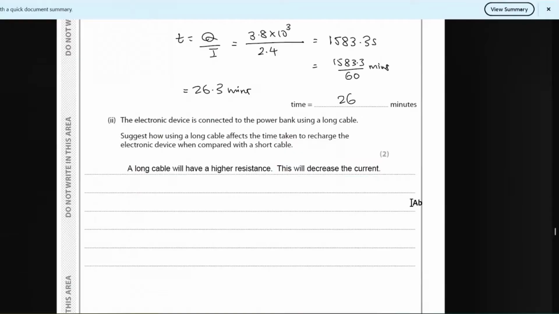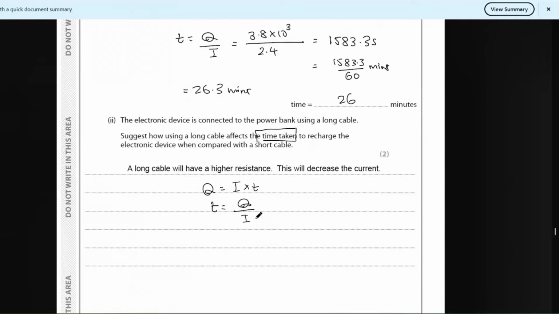So if the current is decreased, how is the time affected during the charging process? So let's use the equation again. Q equals I times T. Let's make T the subject of the equation. T is equal to Q over I. So what's the effect on time if current is decreased?